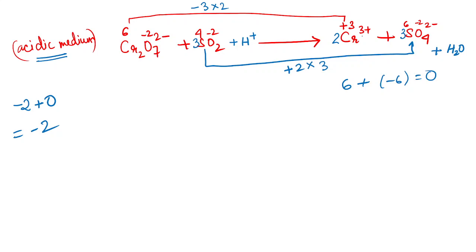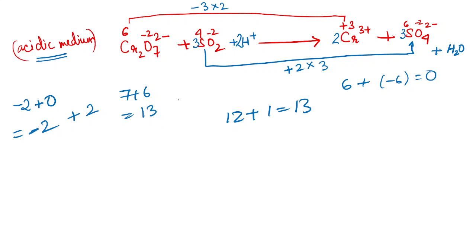Now here for H positive, the total charge was -2, so I need 2 positive charge, then only it will become 0, so I will have to use 2H positive. Now see the number of hydrogens and oxygens. Here two hydrogens, and now let's see the total number of oxygens. It is 7 plus 6, that is 13 oxygens. Here, 3 fours are 12, plus 1 oxygen, that is equal to 13 oxygens.